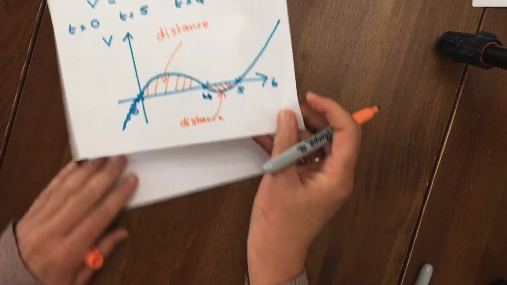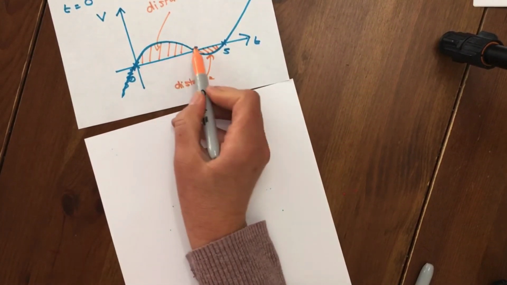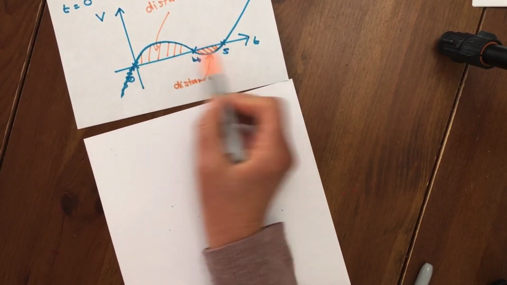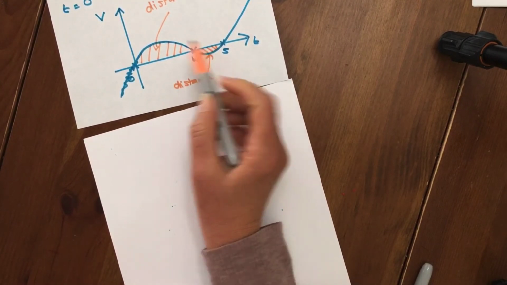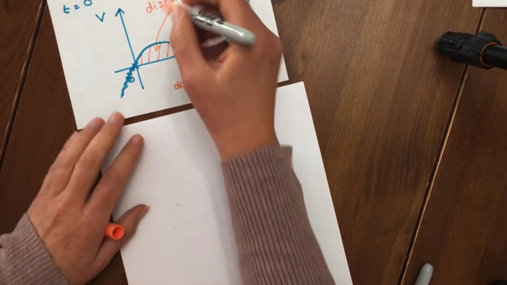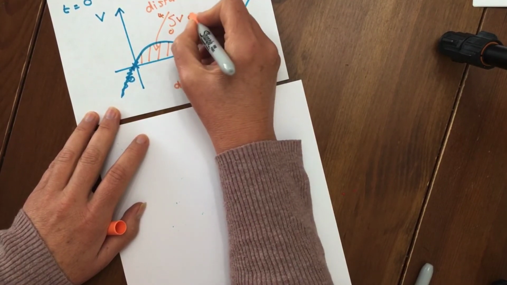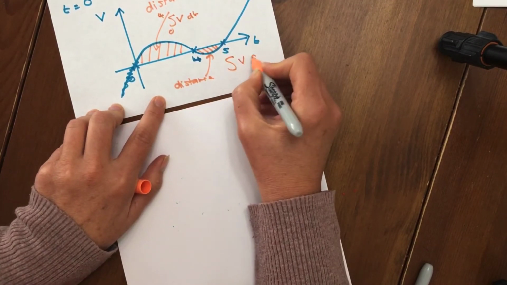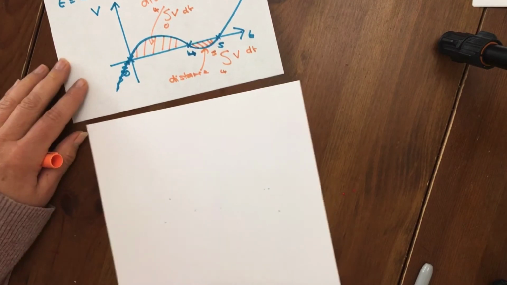So I can see from this graph that this will give me a positive answer and this will give me a negative answer. So I can't just integrate between 0 and 5 to get my total distance travelled. I have to integrate this here between 0 and 4 to get the distance travelled here, and I have to integrate this here between 4 and 5 to get this distance travelled.